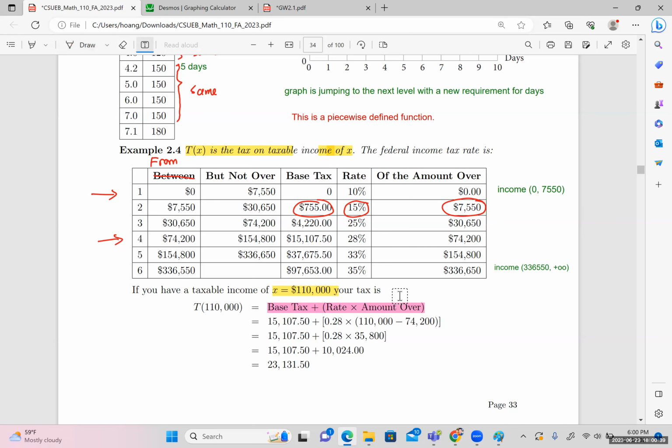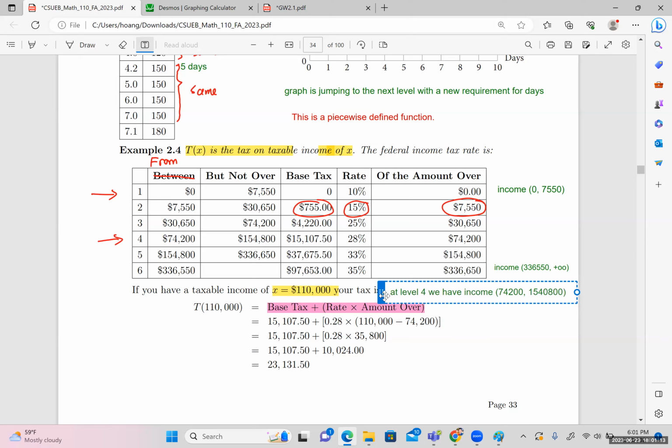So at level 4, we have income between 74,200 and up to 154,800.